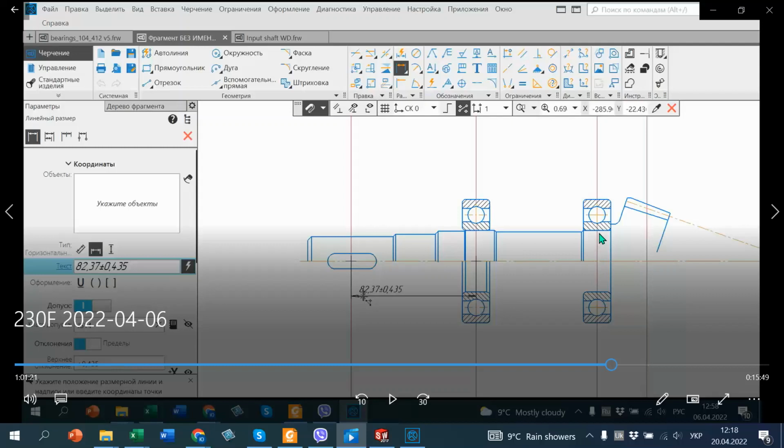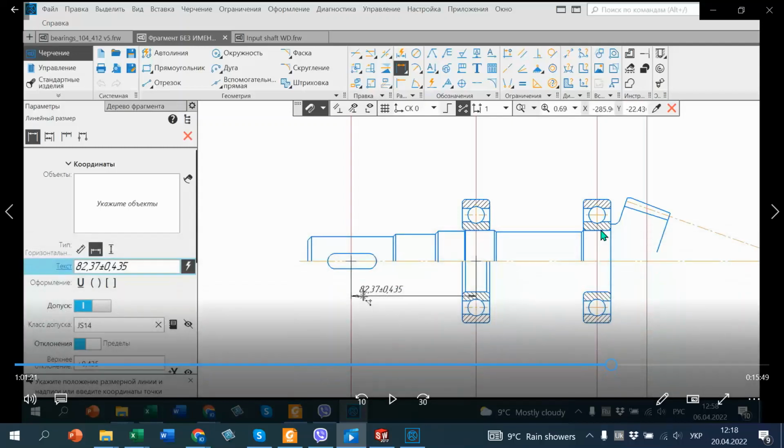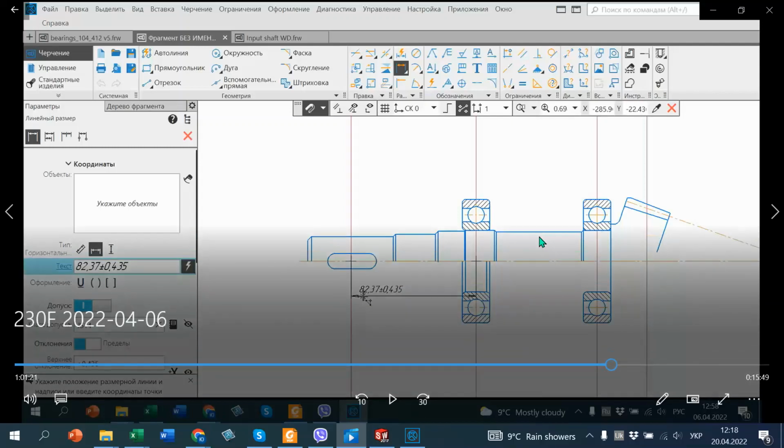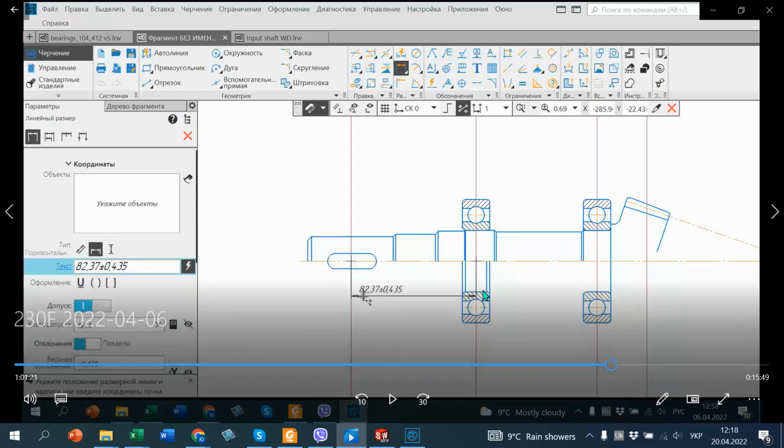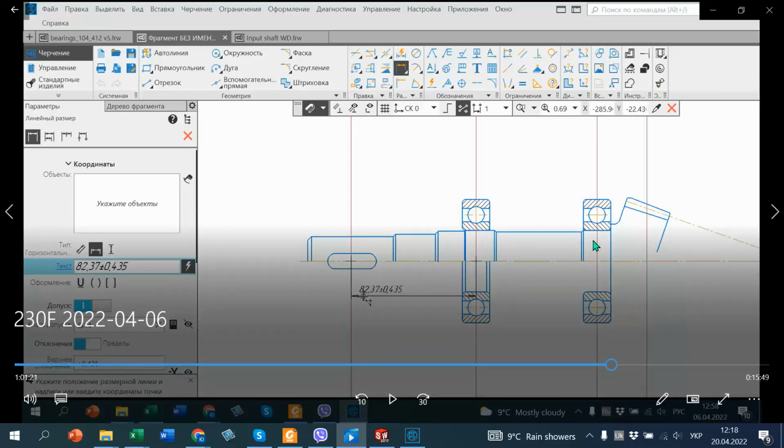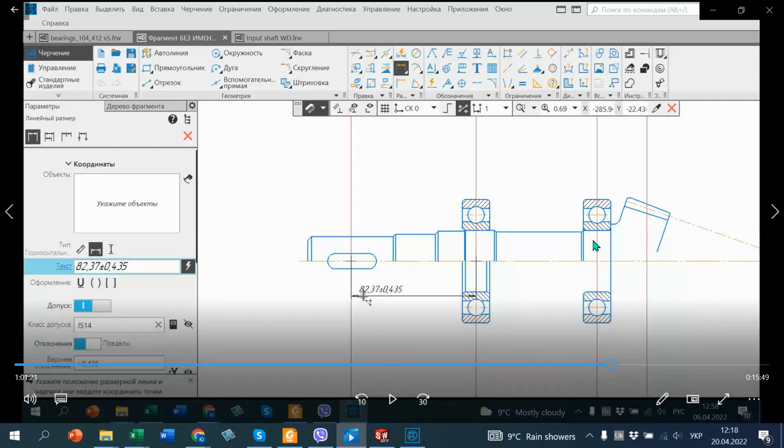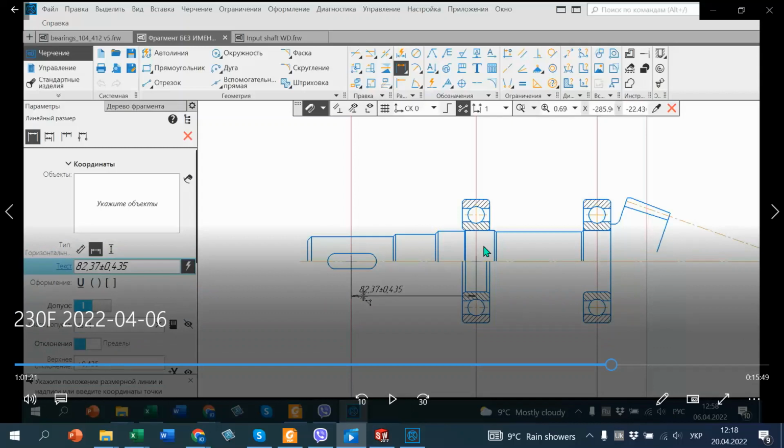So it is the diameter where our bearing is mounted on the shaft. In my example, the diameter of the bore is 40 millimeters, so this distance will be 80 millimeters. It means approximately the same as this distance.